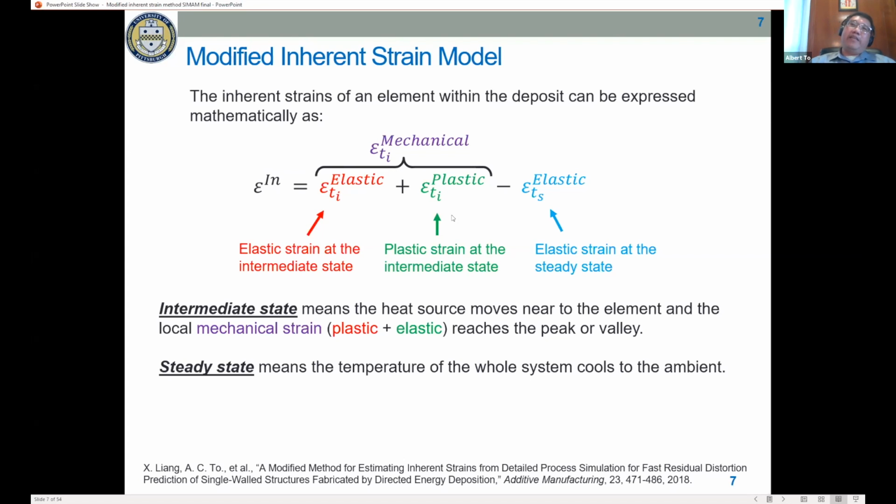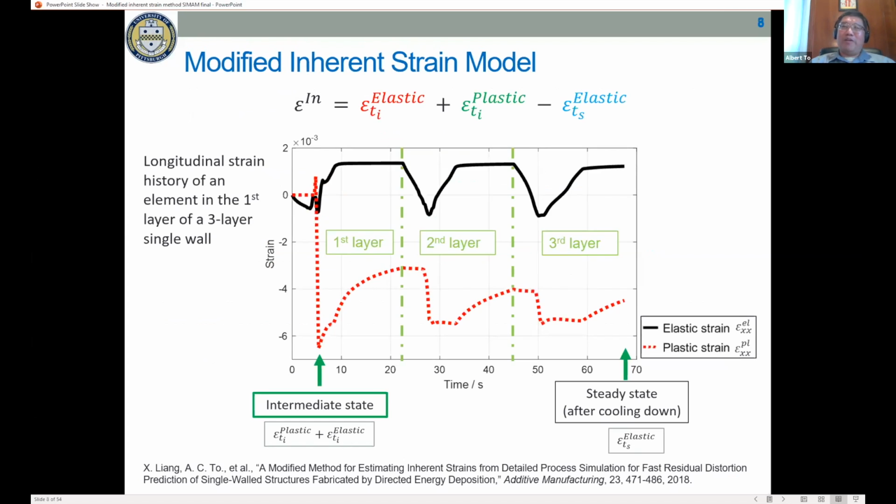So not only do we include a plastic term, but also two elastic terms, and we separate the time that we are acquiring these strain terms from the detailed process simulation into what we call the intermediate state and steady state. So let me show you a plot that will make it more obvious what I mean by intermediate state and steady state.